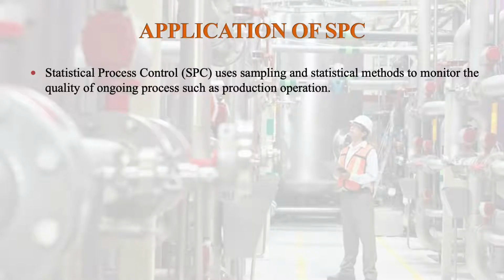Application of statistical process control. Statistical process control uses sampling and statistical methods to monitor the quality of ongoing processes such as production operations.